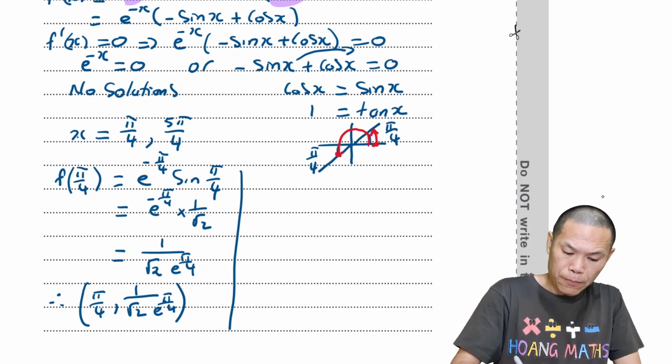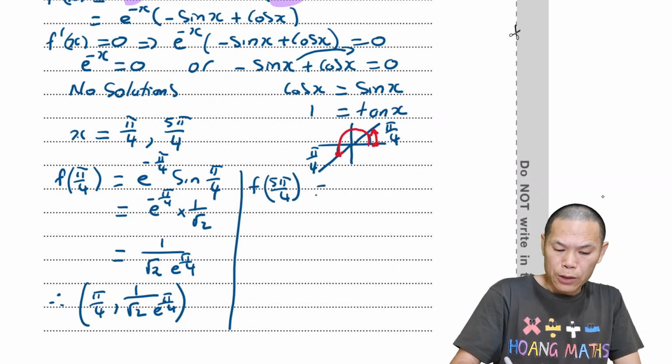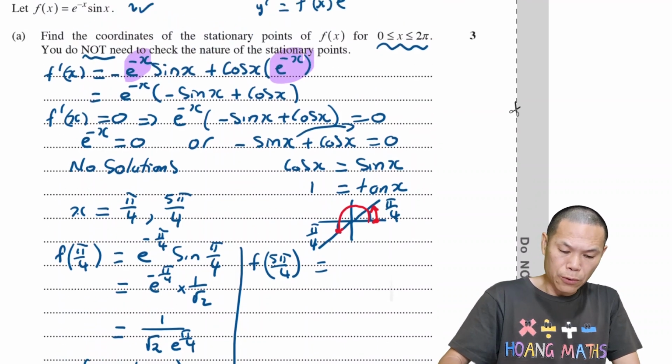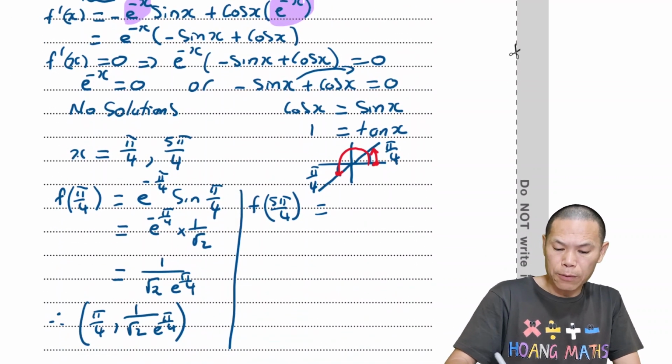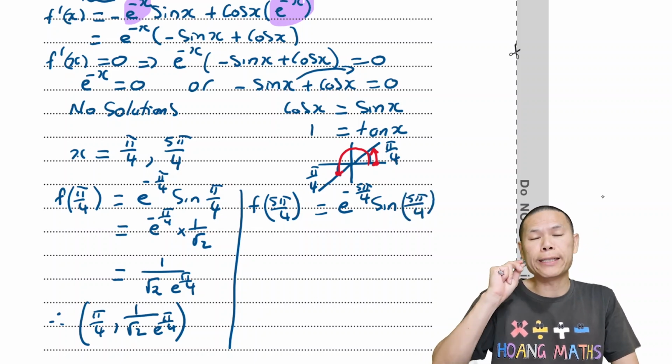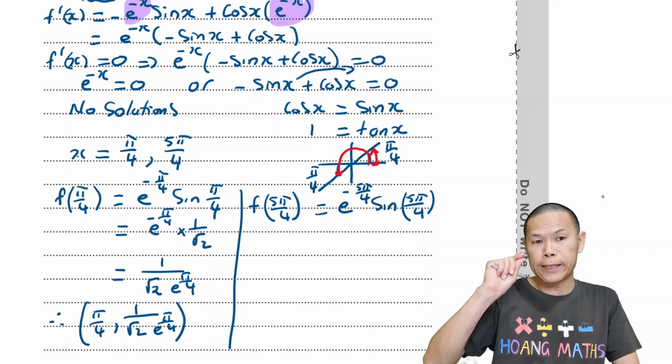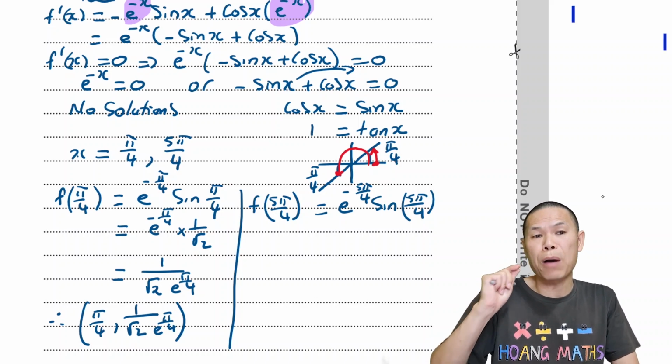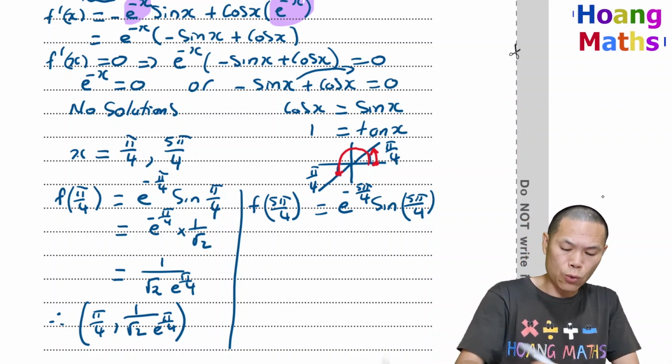So f of 5 pi over 4. That becomes e to the negative x, so e to the negative 5 pi over 4, times sine of x, where x is 5 pi over 4. And don't forget, sine 5 pi over 4 is equal to negative sine pi over 4 because it is in the third quadrant.